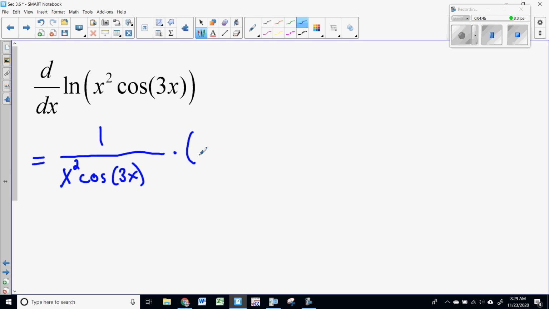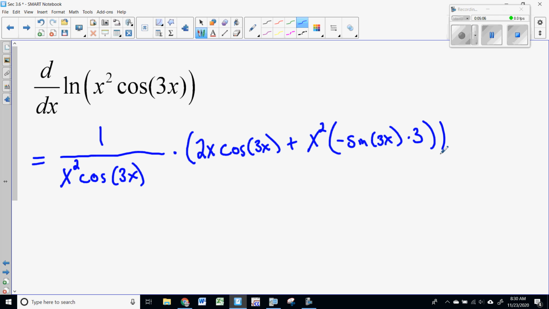Now to take the derivative of the inside, we have to use the product rule. Derivative of the first times the second plus the first times derivative of the second, which is minus sine of 3x times the derivative of the inside, which is 3. So you notice this derivative of natural log is just 1 over whatever the inside is.